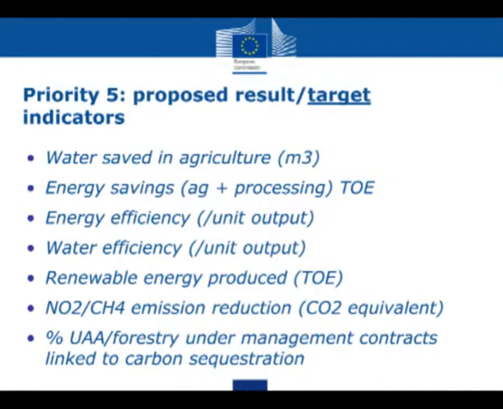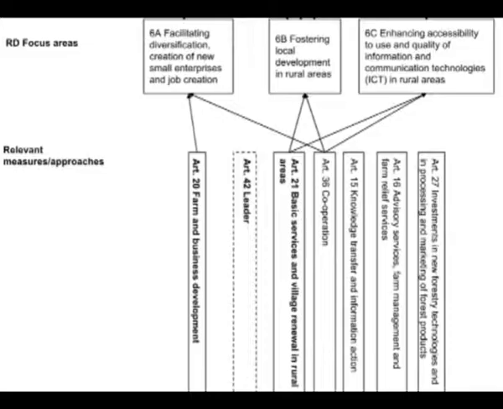Then we have priority 6. Here, I think that the most important thing to say, as was said yesterday as well, is that it's certainly not the intention that LEADER should be put in a box and should only be seen as contributing here. LEADER is an approach that can contribute, as we saw in the session yesterday on community-led local development, to all priorities.